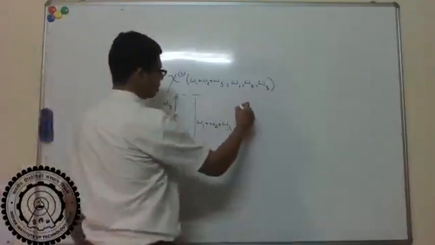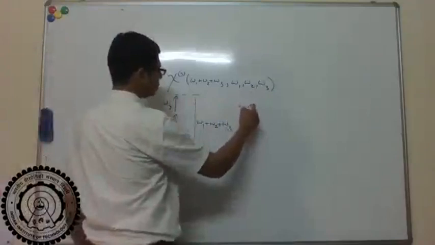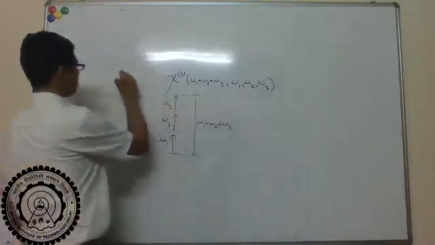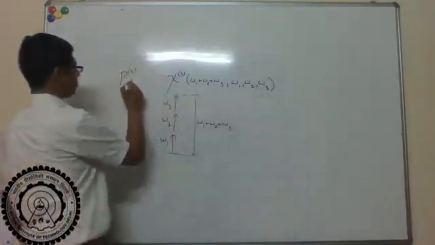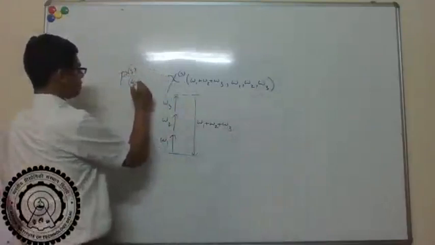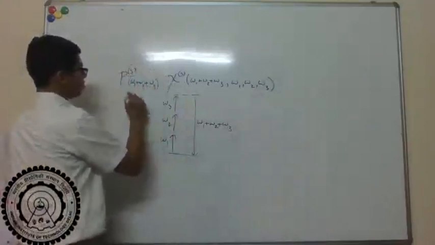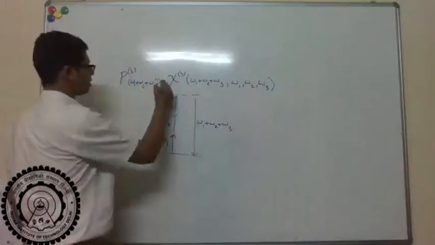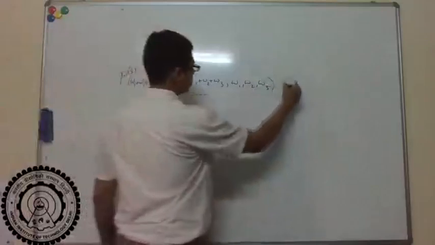So when you write the expression, or when you write the nonlinear polarization corresponding to the frequency omega 1 plus 2 plus 3, then you'll have a factor of 6 here.